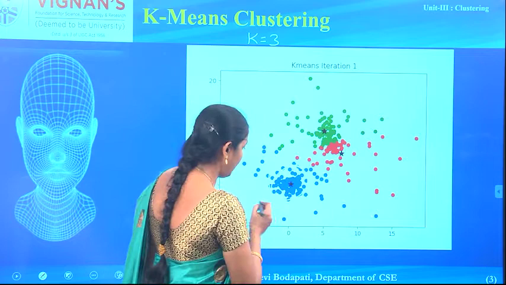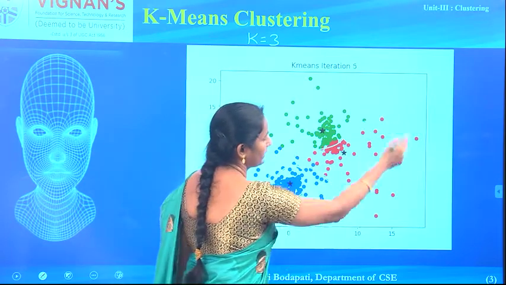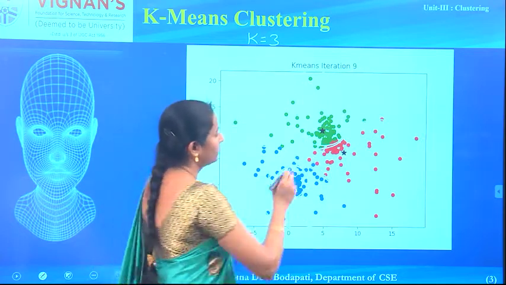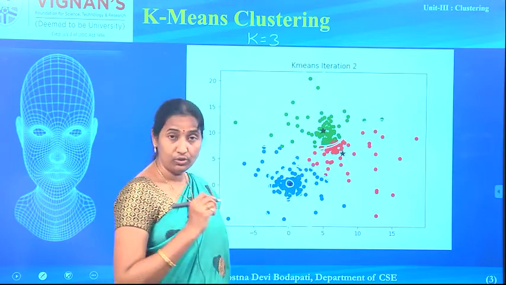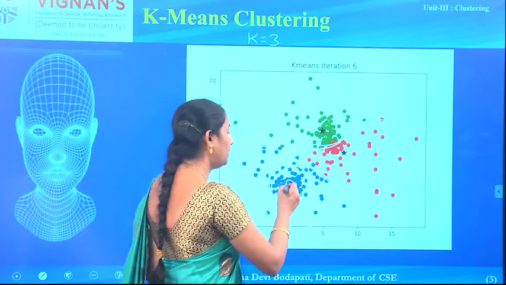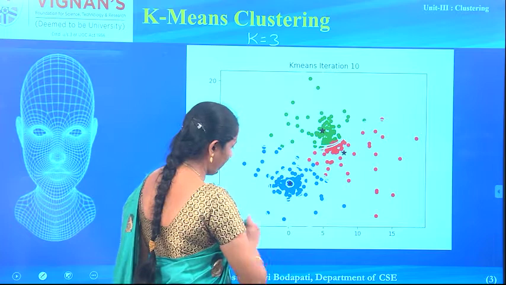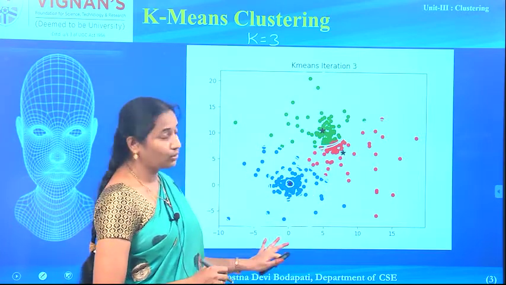Here, all the blue dots form one cluster, the red dots form the second cluster, and the green dots form the other cluster, and the centroid is represented with the star symbol, which need not be one of the data objects. It is the mean formed from the set of data points of the cluster. That's how the K-means algorithm works.